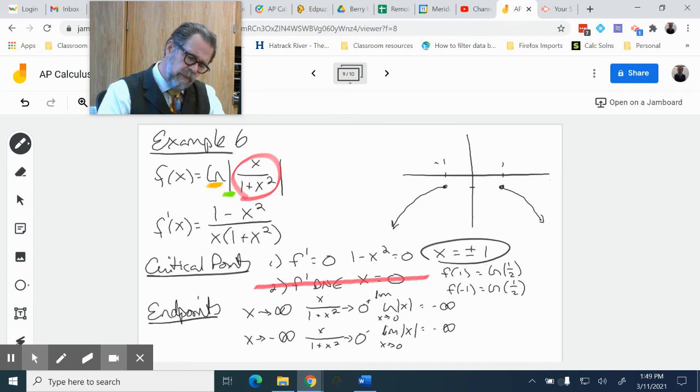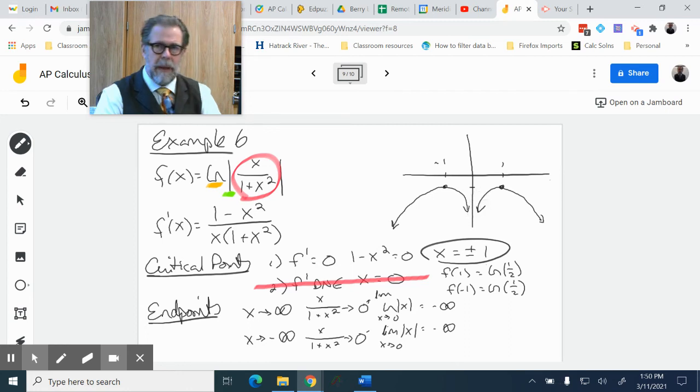And I know that the function does not have an endpoint in the middle here as x approaches 0 from either side. But since this is a critical point, this must go down. I don't actually even have to explore what happens as x approaches 0 because my critical point has to be a max or a min.